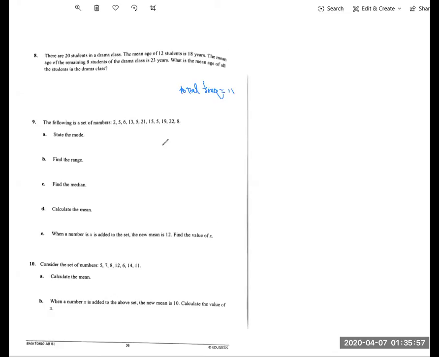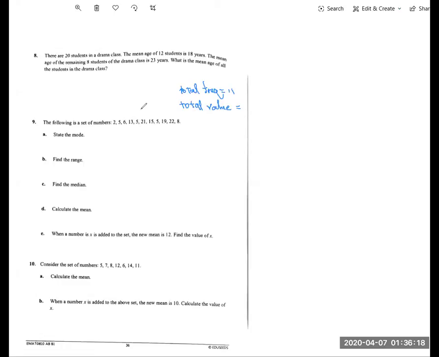Okay, now, we need to calculate the mean. That means we have to find the total value.